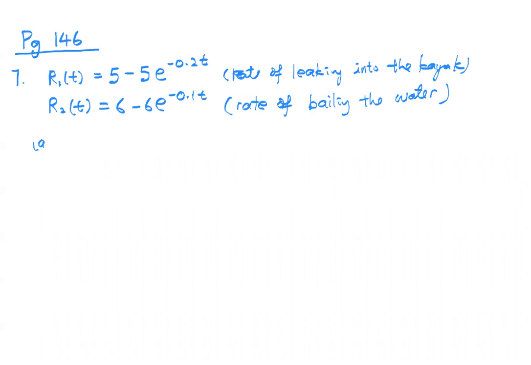So now let's go to part A. After 2 minutes, what rate is water leaking into the kayak? So leaking into the kayak, you use R1. So you put the time as 2 minutes. After 2 minutes, so you put 2 there. So can someone give me the answer? Okay, 1.65 liters per minute.